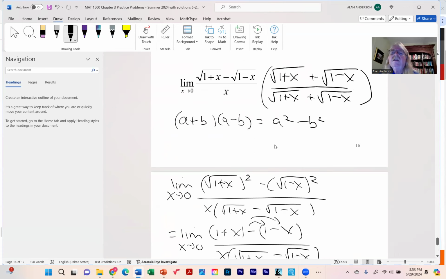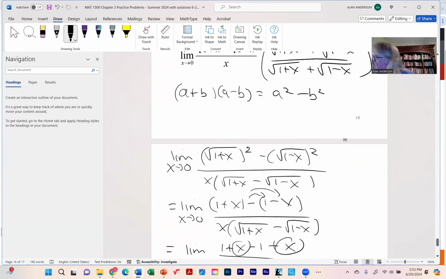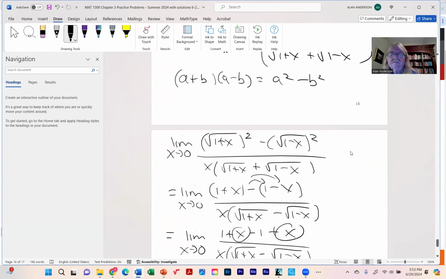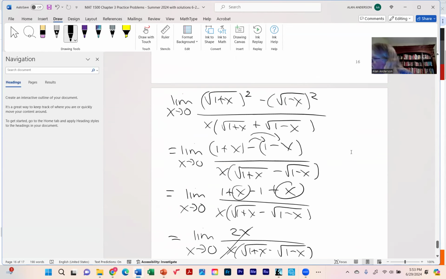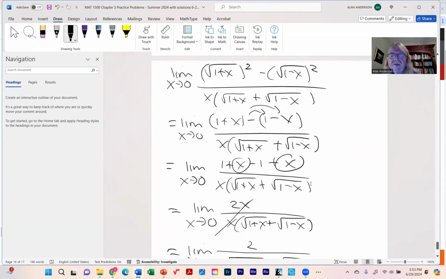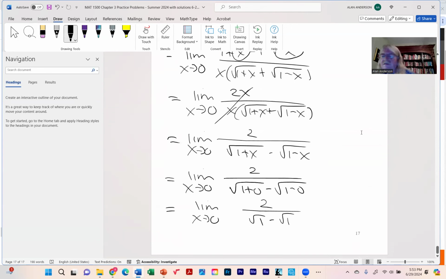I knew it. The denominator is the sum. So this should have been plus. Plus, plus, plus. That's what I get for not being more careful. Plus, plus. That's more like it. And so the final result is 1.